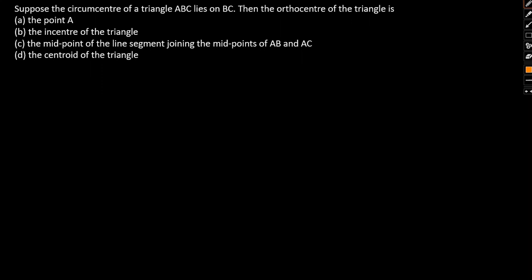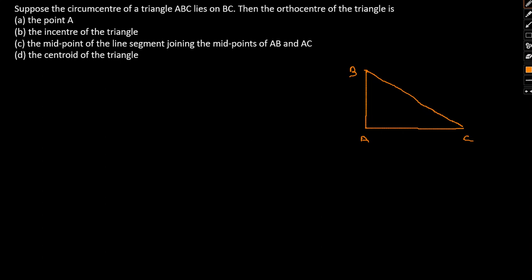So let me do something. Basically, we know that for a right angle triangle, suppose this is my right angle triangle, BC, right? So let me make this BC. The circumcircle, the diameter of the circumcircle always lies on the hypotenuse.